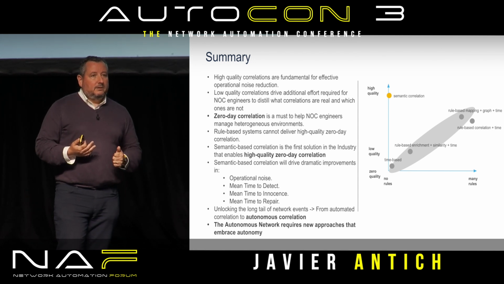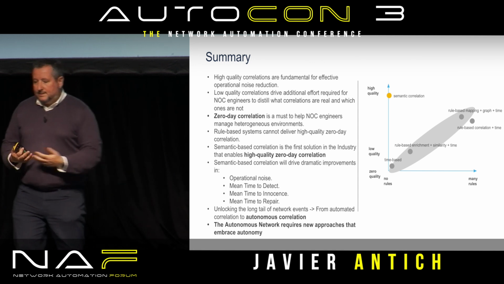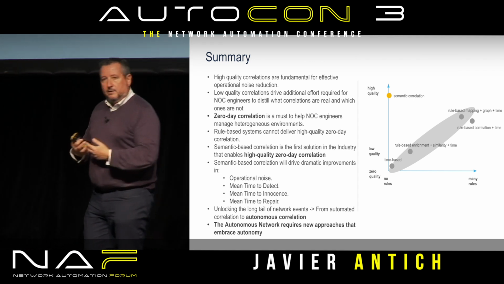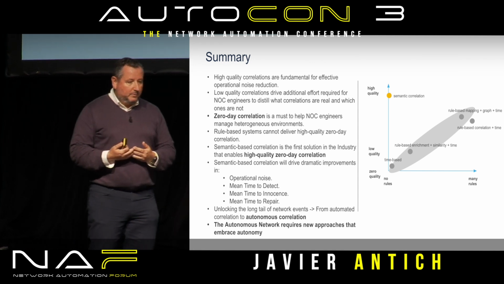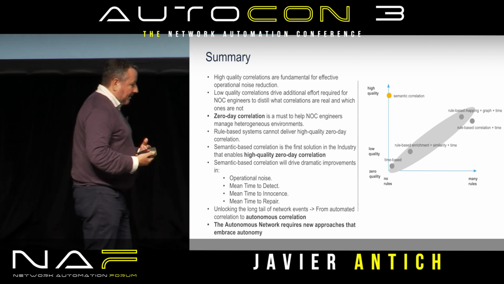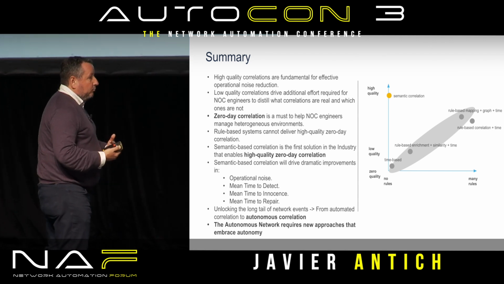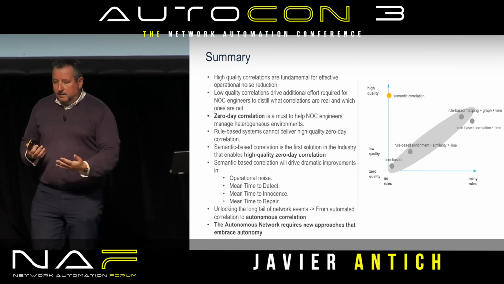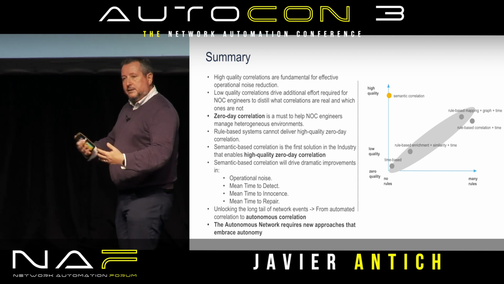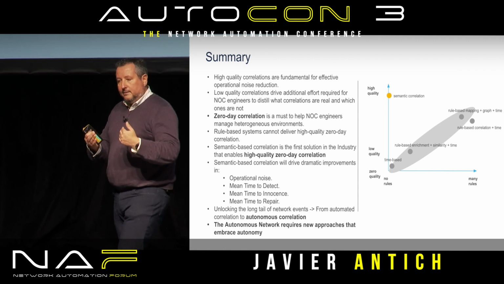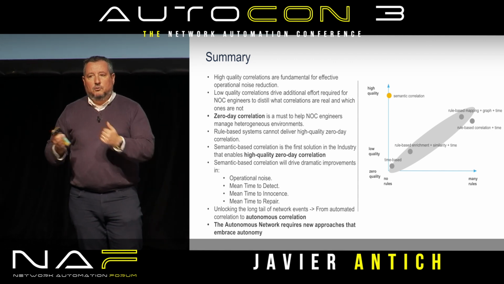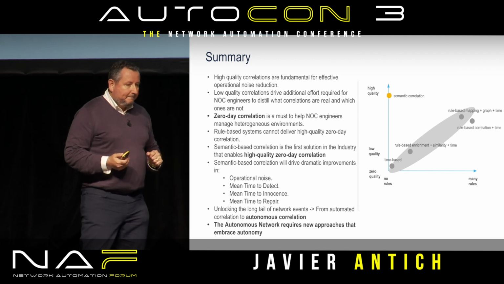High-quality zero-day correlation is fundamental for the success of a network operation team and to be able to manage incidents and faults properly, right? And somehow, in the era of the autonomous network, we need to start embracing this type of technique that allows us this transition from automation to autonomy, right?